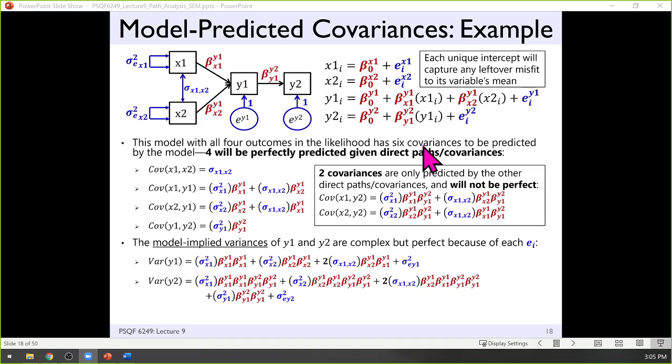If it is, it's not going to work. So for instance, if I had y1 predicting y2, but then y2 was also covaried back with y1, that won't work. So long as you only specify each pair of relationships with one thing, you should be fine.